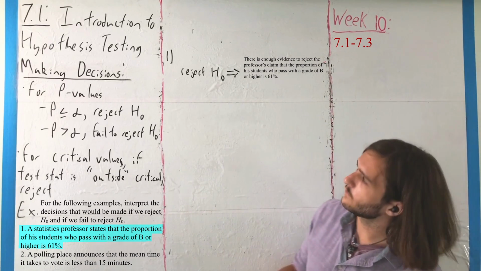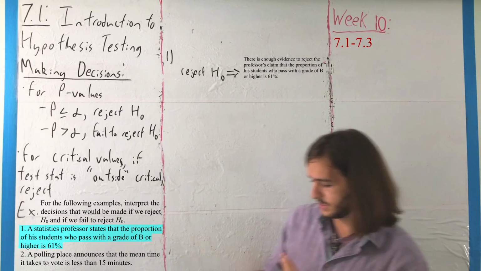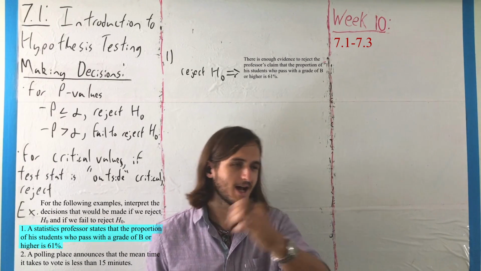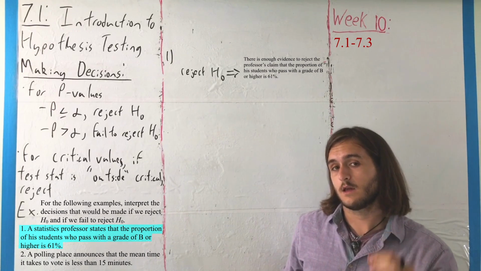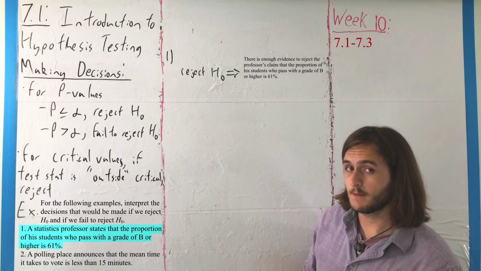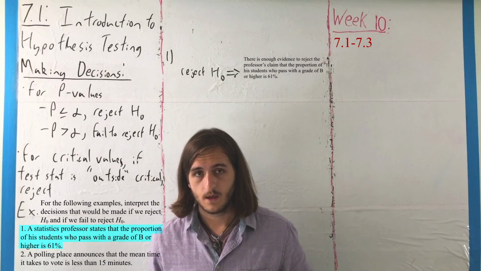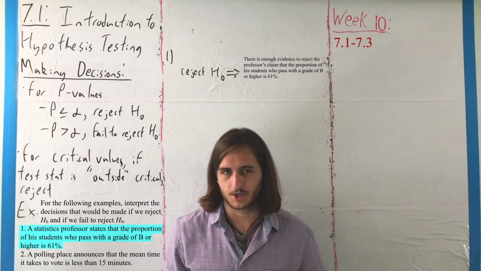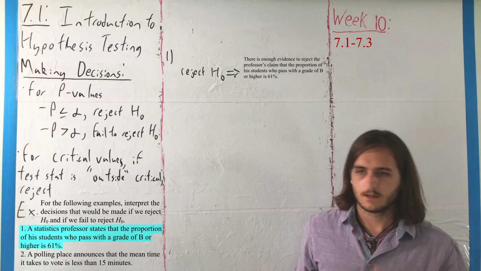On the other hand, if we were to say something like the proportion who get a B or higher is higher than 61%, it's kind of clunky wording, but let's say it's like that, then the claim would be the alternative. And because the claim in that case is the alternative, if we reject the null, we are supporting the alternative, so we would say instead that we have enough evidence to support the claim.